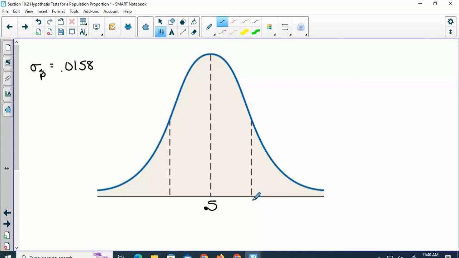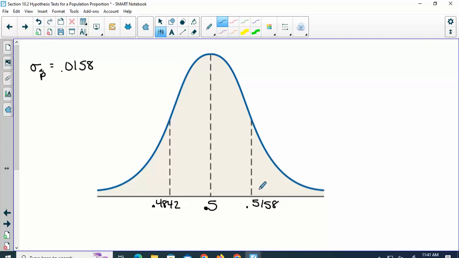So to get these numbers, you would have to add and subtract your standard deviation. All right, so if you want to be within one standard deviation, it would have to fall between these.